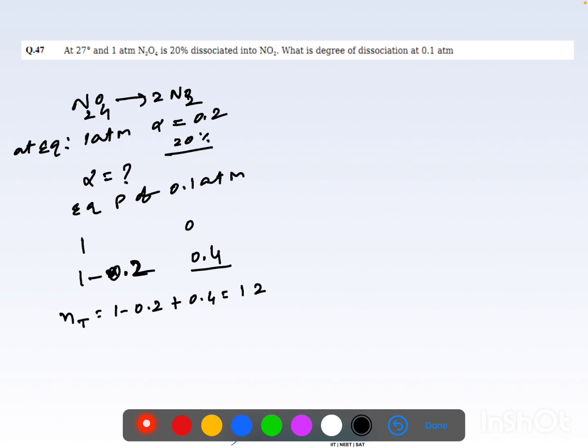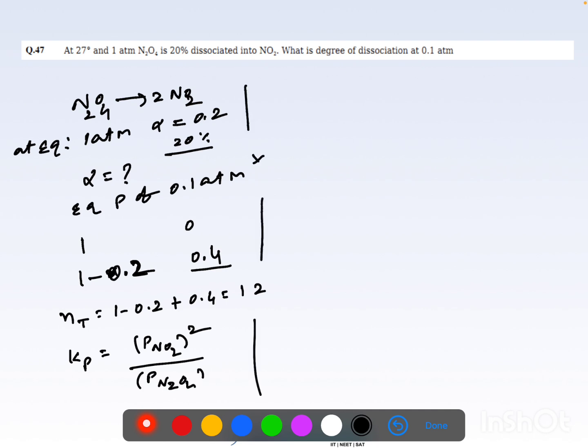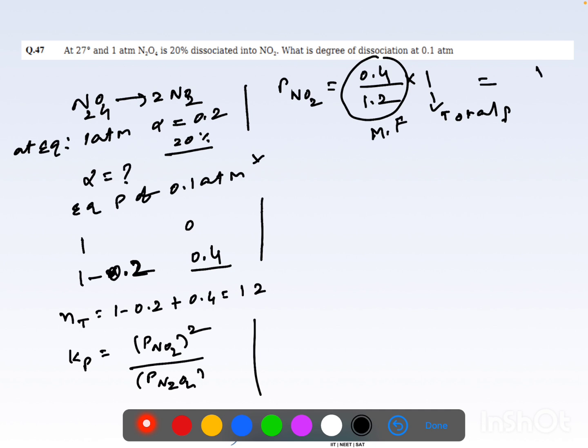Now we can get the Kp value. Kp is equal to partial pressure of NO2 squared divided by partial pressure of N2O4. Partial pressure of NO2 is equal to 0.4 divided by 1.2 into total pressure, so this is mole fraction and this is total pressure. So this is 1 by 3.